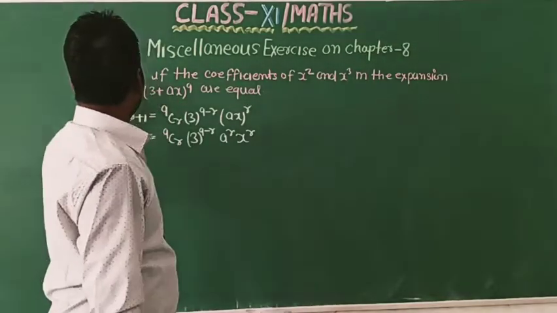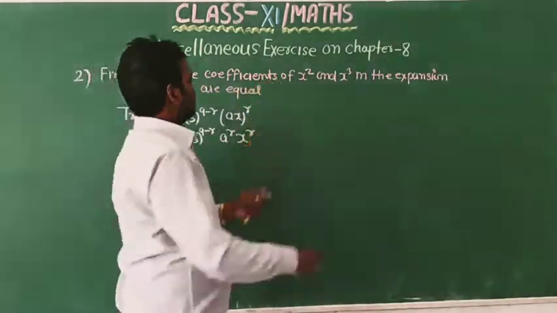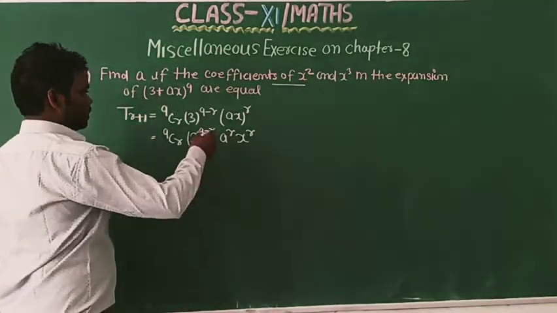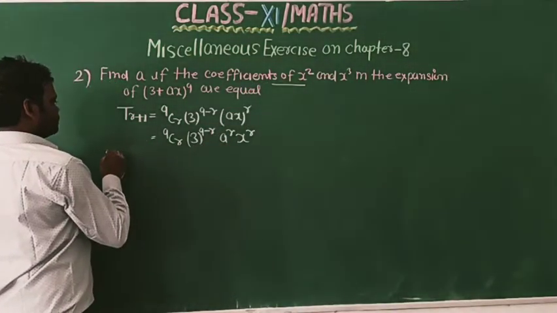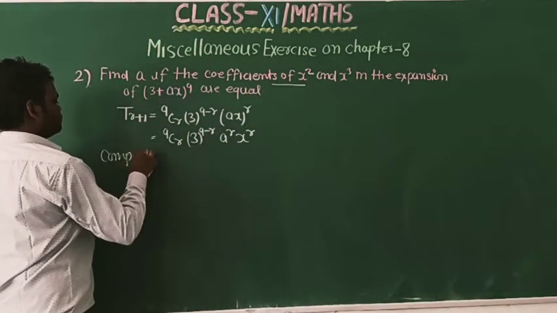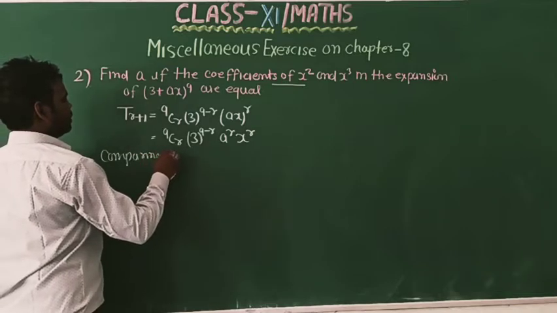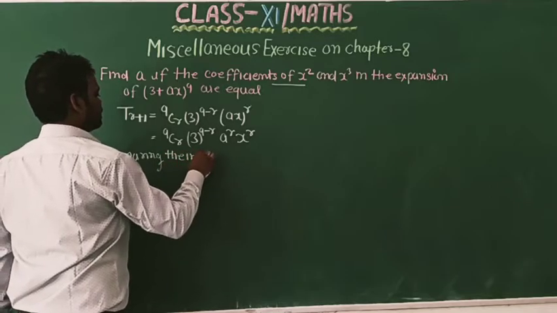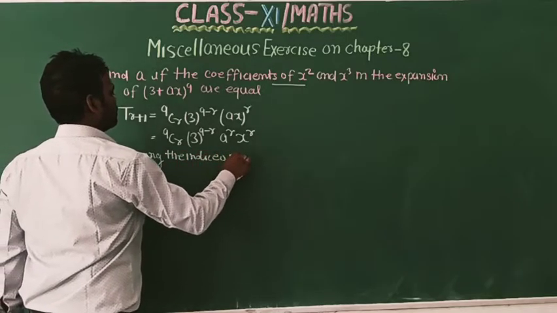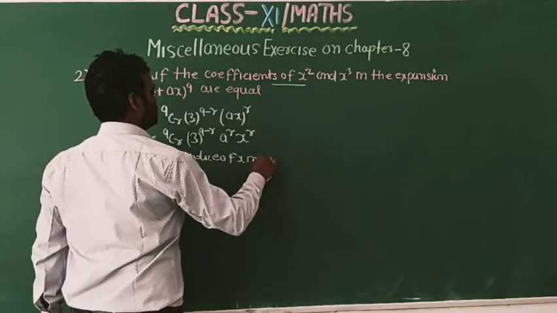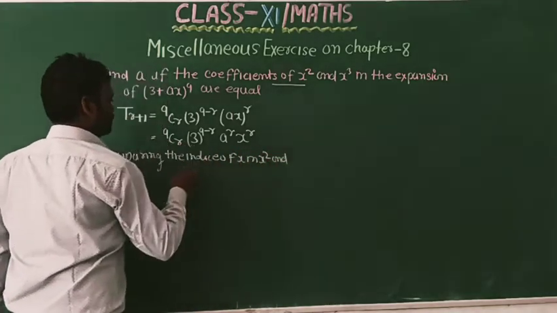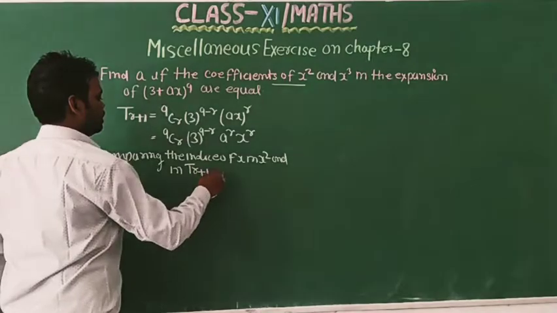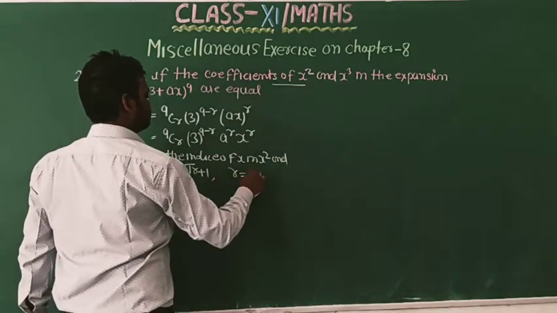Now we are first comparing the coefficient of x square. Comparing the indices of x in x square and in T r plus 1, we will find r equal to 2.